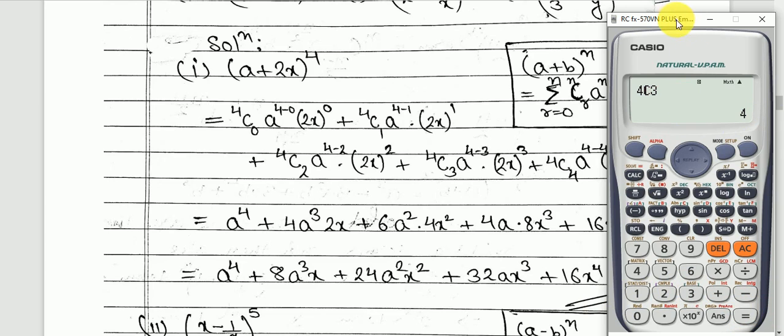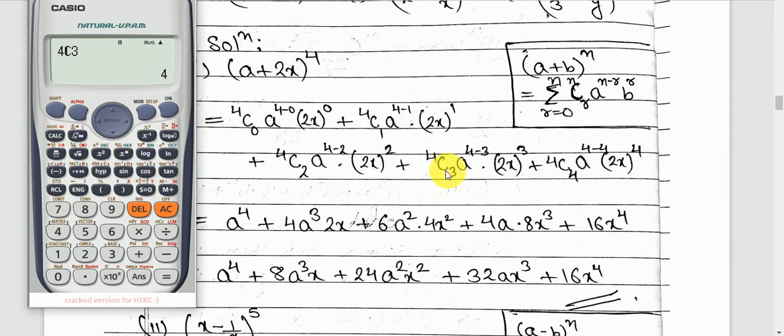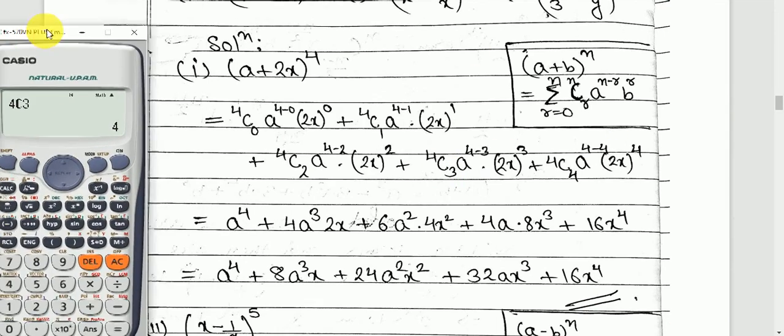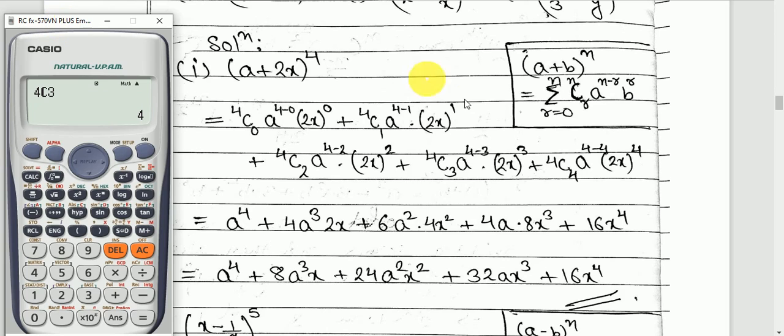Yes, so you got your 4C3 also, that is 4, then a to the power 1, 2x cube means 8x cube, plus now 4C4 means 1, and this a to the power 0, and this 2 to the power 4 means 16, x to the power 4.